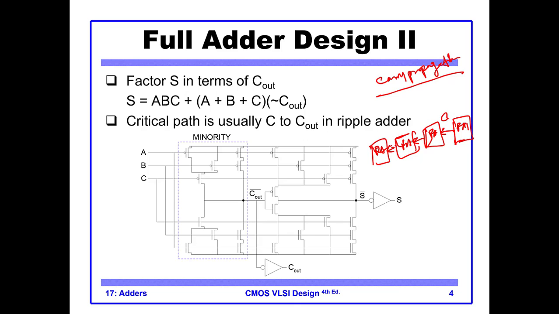So until C1 is produced by FA1, FA2 cannot compute. Until C2 is produced, FA3 cannot compute. So this slows down the whole adder, and the carry propagation is the critical path of the adder.